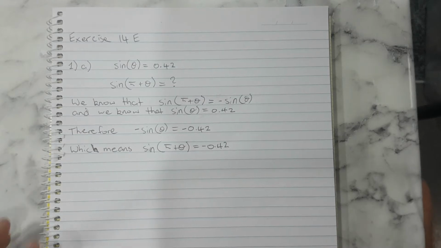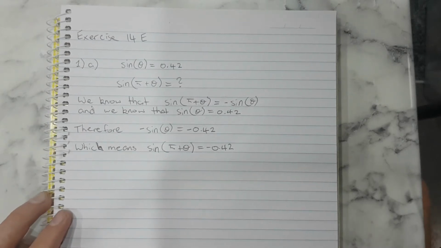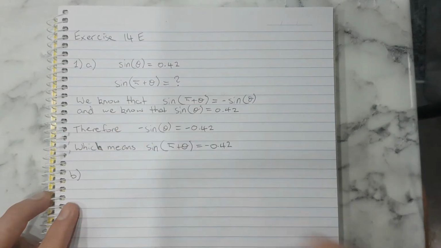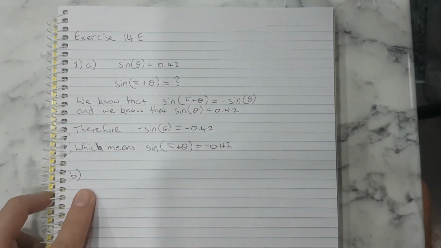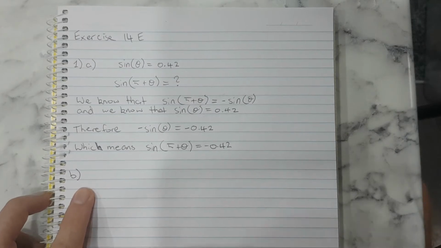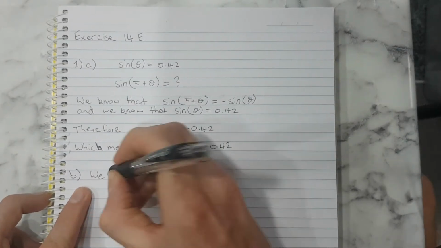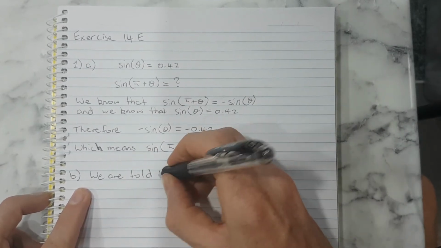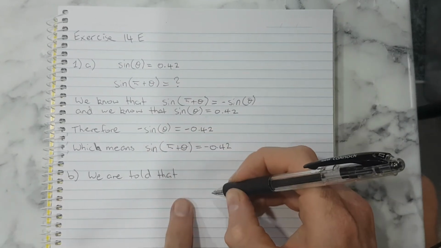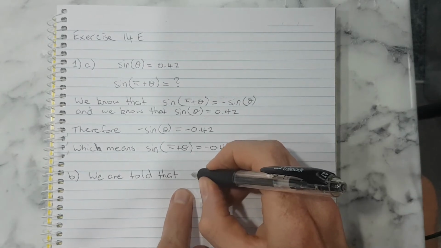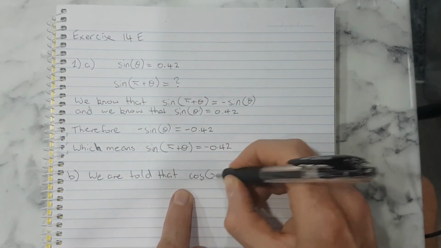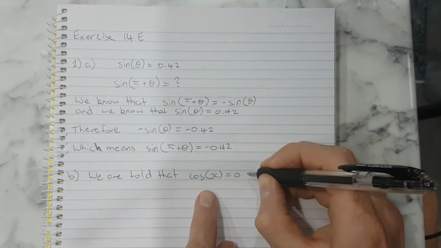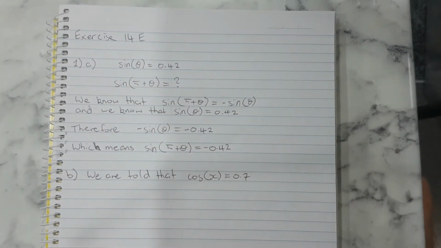So let's just do B as well, because we have a cosine instead. So let's go B. What we're told in the beginning of the question is that cosine x is equal to 0.7.